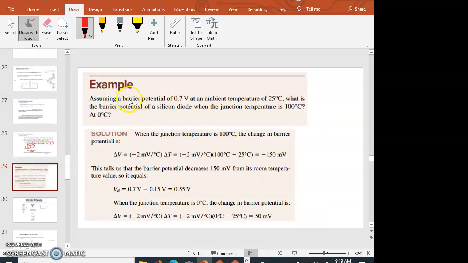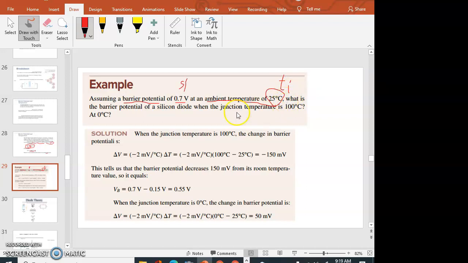So, we have now a barrier potential which is 0.7 volts. So, particularly, this is now a silicon diode.